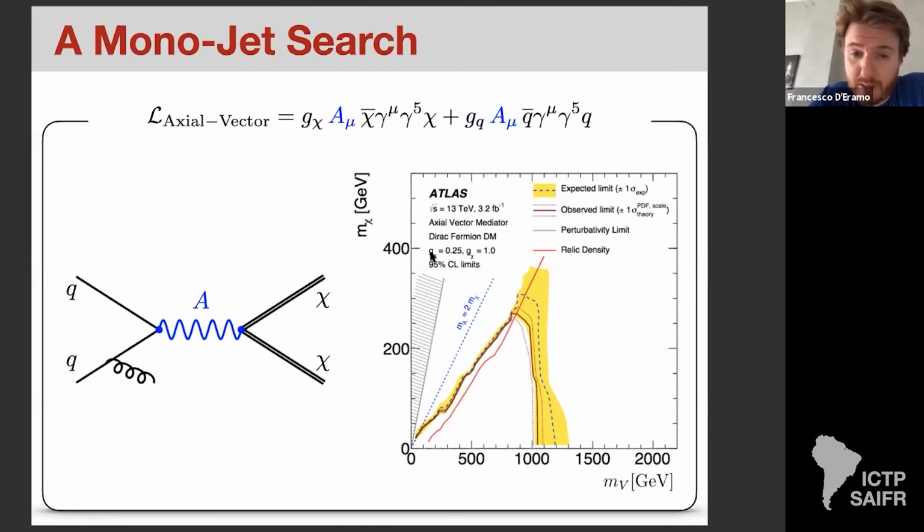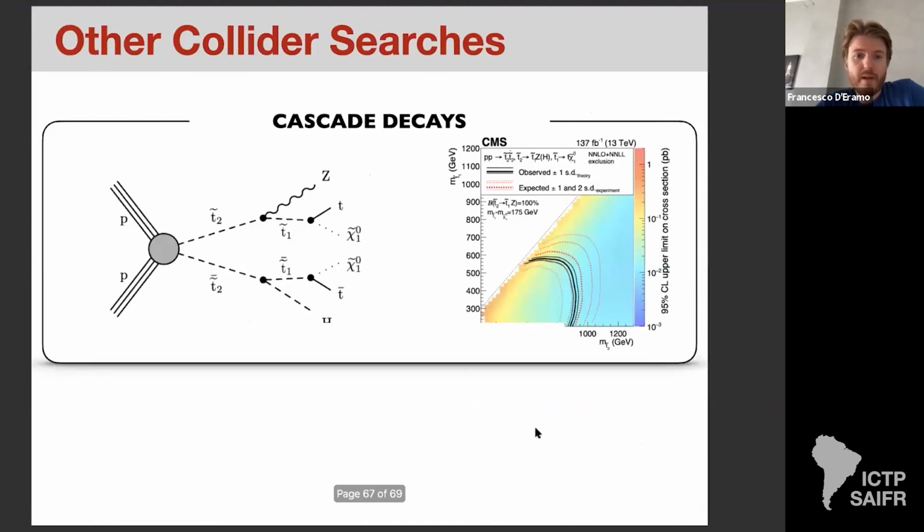In this plot, you fix GQ and G chi, and as a function of the masses of V and of chi, you put bounds from the study of events like this, where you have a gluon radiated from the incoming quark or anti-quark in the partonic collision. So you see that what you produce in the final state is only a jet because these 2 particles are invisible, and you get a bound like this, okay?